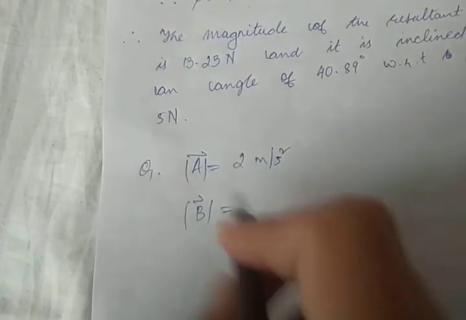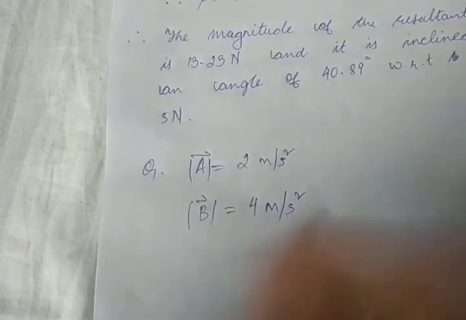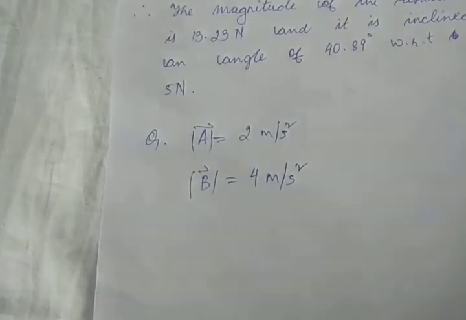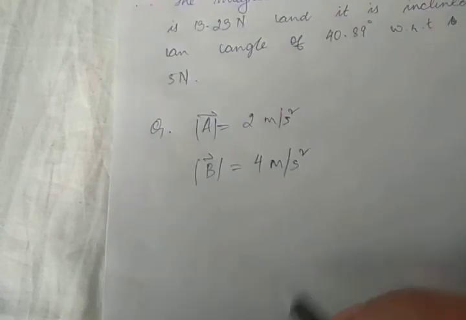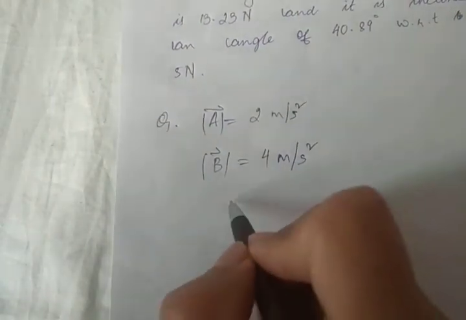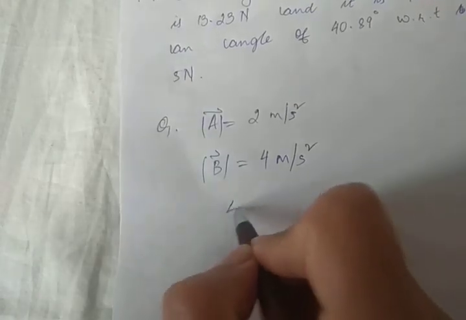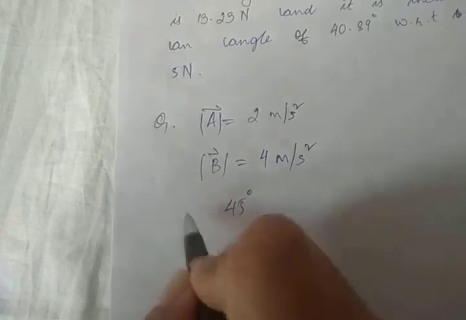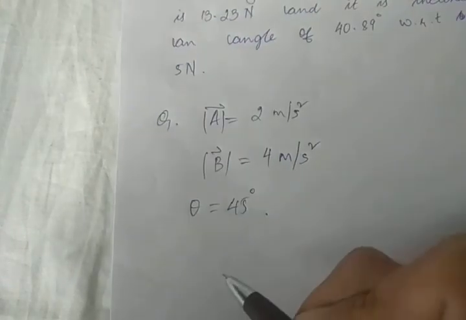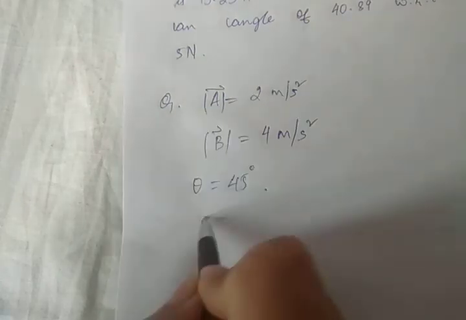Vector B, for your convenience, let me give you 4 meter per second squared. And say they are inclined at an angle of 45 degrees. Theta is 45 degrees.